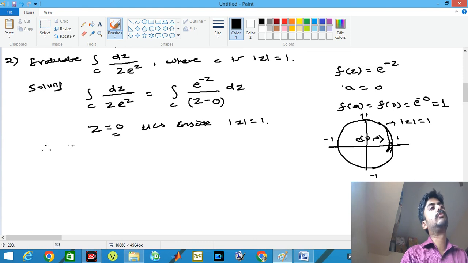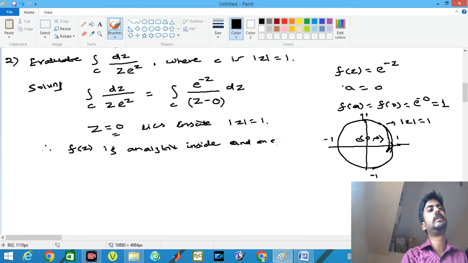Therefore you have to write that f of z is analytic. What are the two conditions? f of z is analytic inside and on C. You have to write the statement itself.